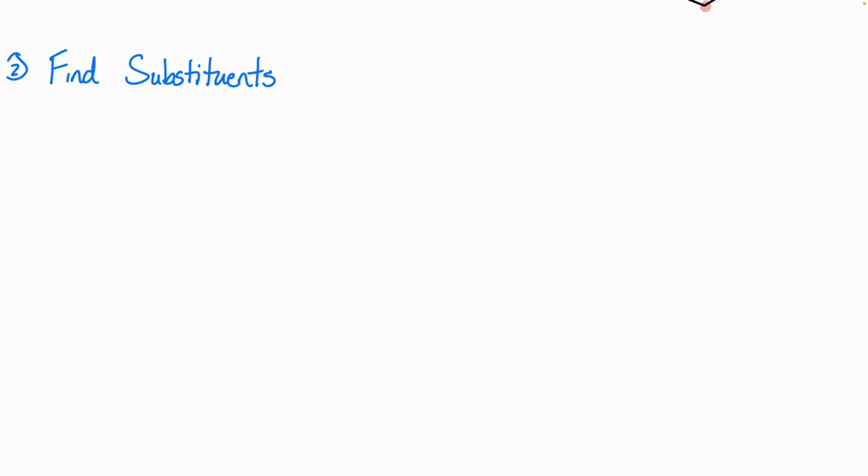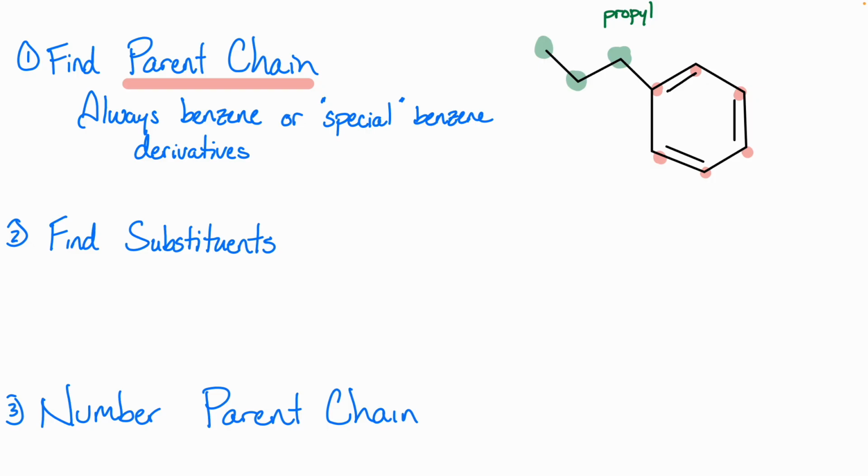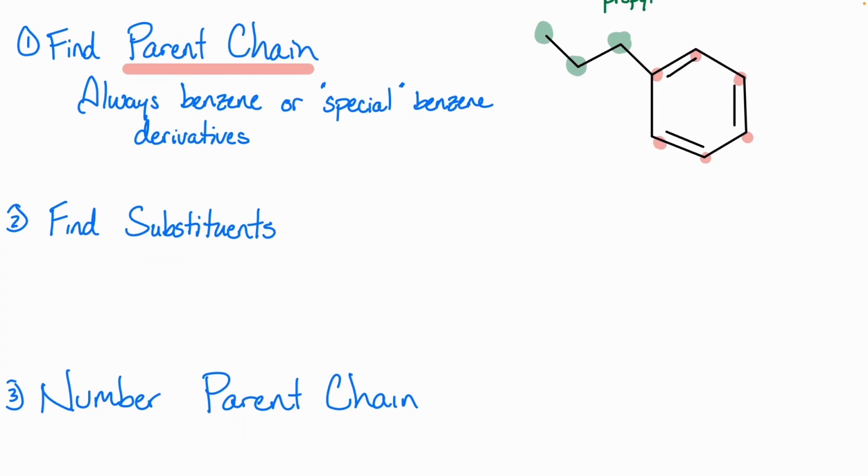All right. So then we get to this stage where we number our parent chain. But much like for cyclohexene or cyclohexane, all of our cyclic alkanes, if you only have one substituent on there, you don't indicate the position of that substituent.